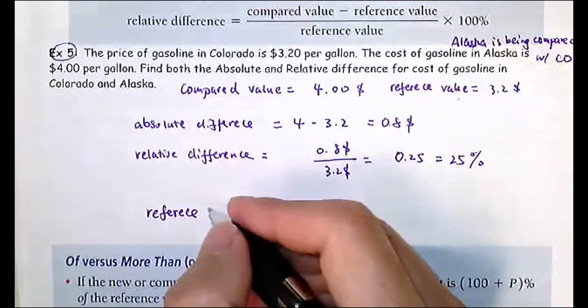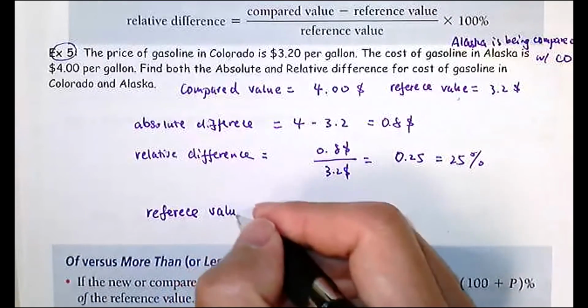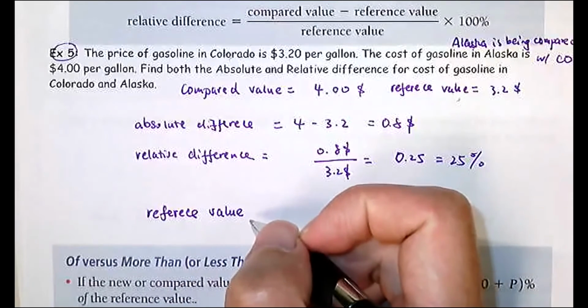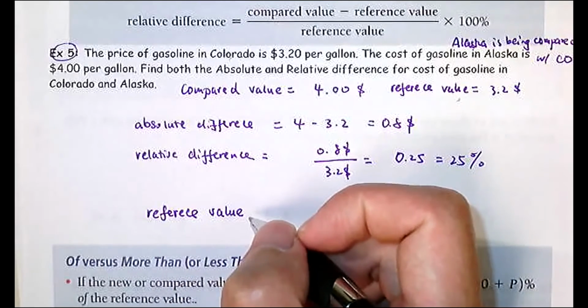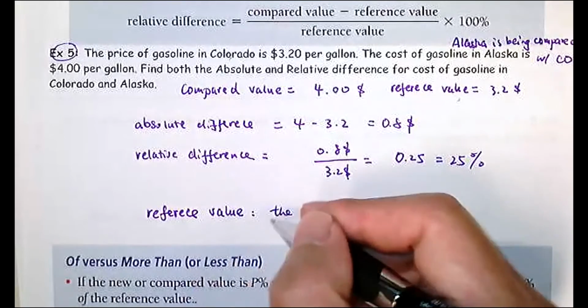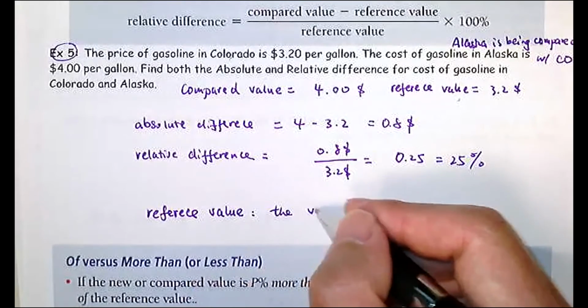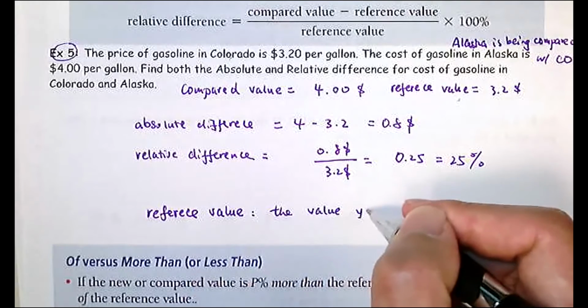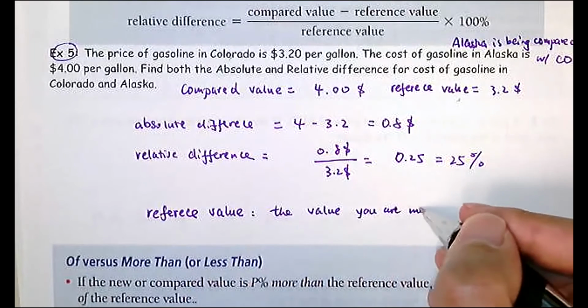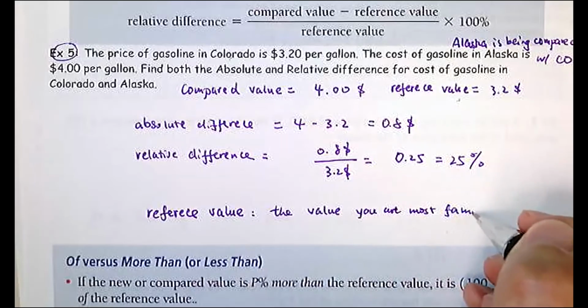You actually asked me a very good question. When I was preparing to teach today's class, I was also thinking about this question. Which one is a reference? Which one is the compared value? Okay, the value you are most familiar with.